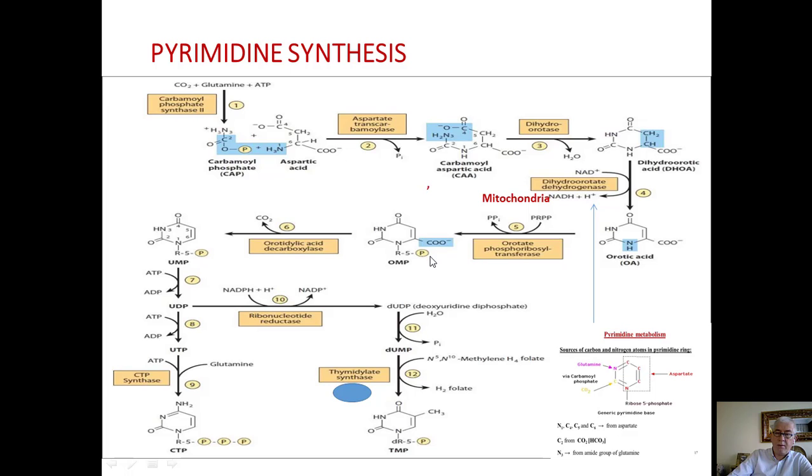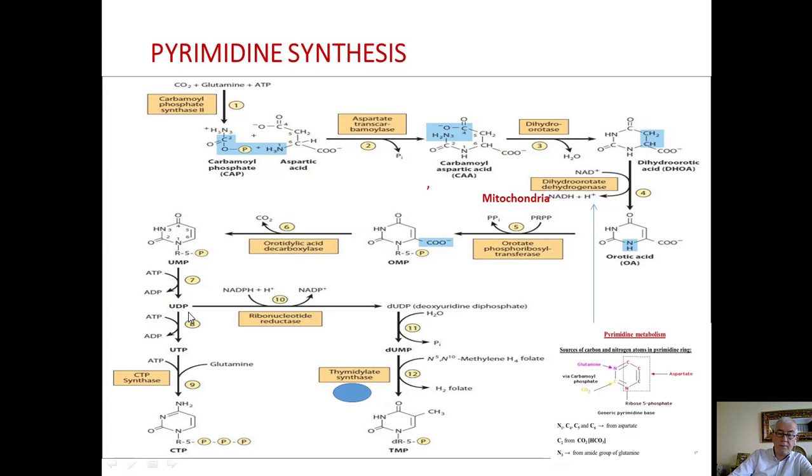OMP has one extra carbon dioxide group, on the 6th carbon of the pyrimidine ring system, and this carbon dioxide is released from OMP and it turns to UMP, uridine monophosphate, and we obtain UDP and UTP. We need ATP, of course, and UTP is a substrate for CTP synthase. This enzyme also uses glutamine, and glutamine gives one nitrogen atom to the pyrimidine ring system, and we produce cytidine triphosphate.